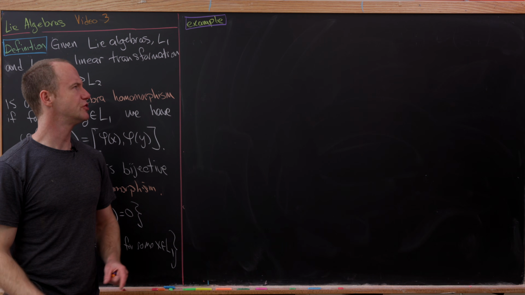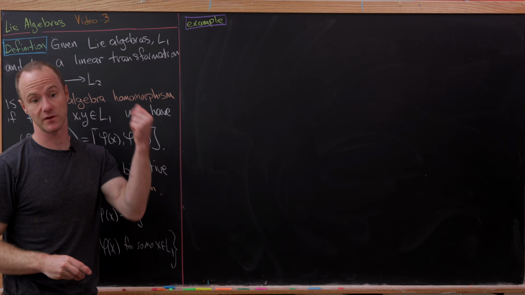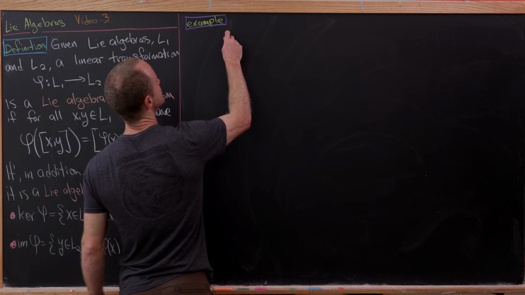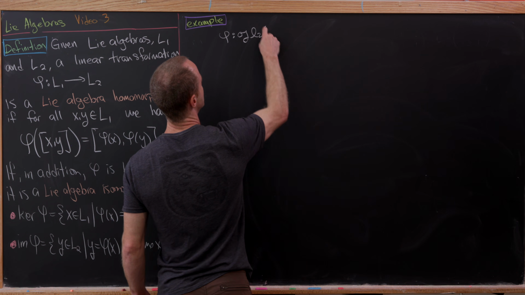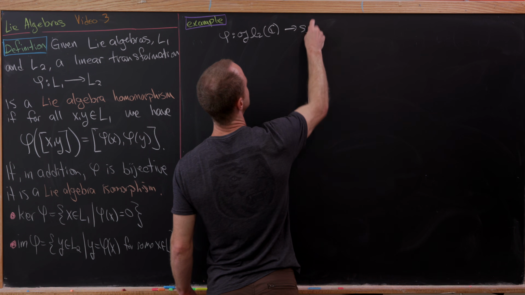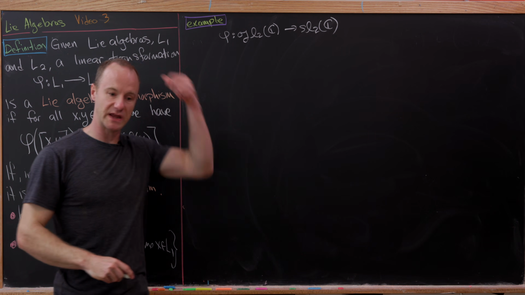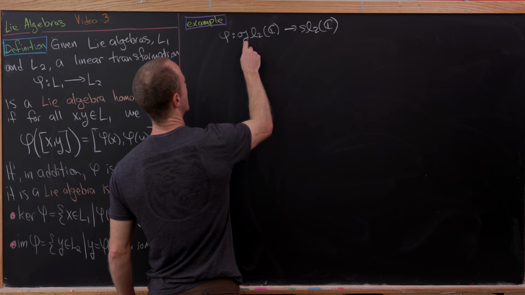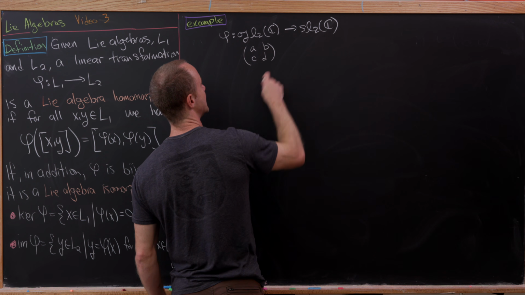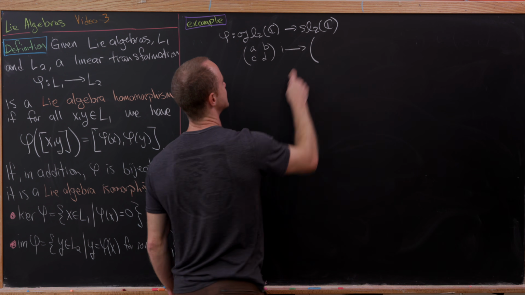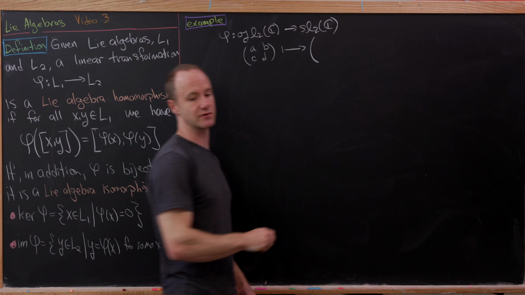Now we're going to look at two, maybe what I'll call linked examples that are applications of the first isomorphism theorem. So let's first consider a map phi, which goes from GL2C into SL2C. And how are we going to define this map? Well, it's going to take an arbitrary 2 by 2 matrix, A, B, C, D, and it's going to send it to this like 2 by 2 matrix with trace 0.